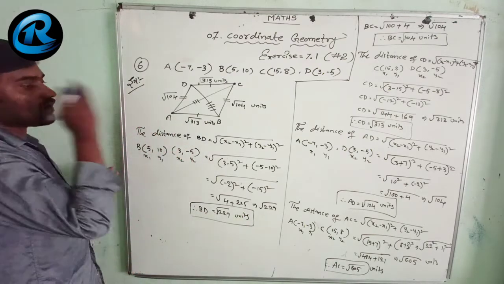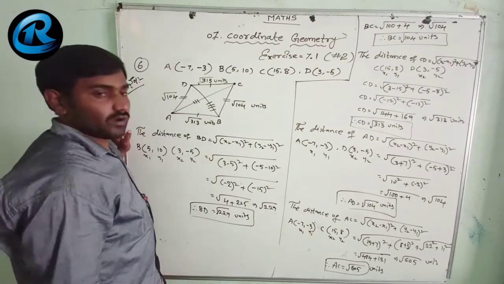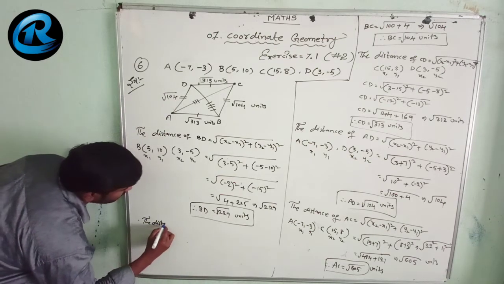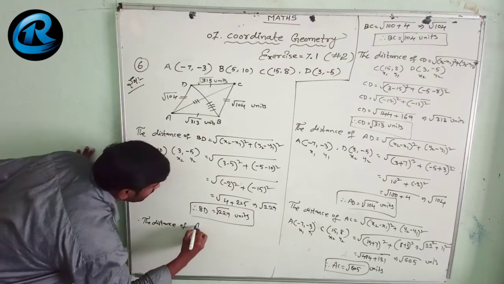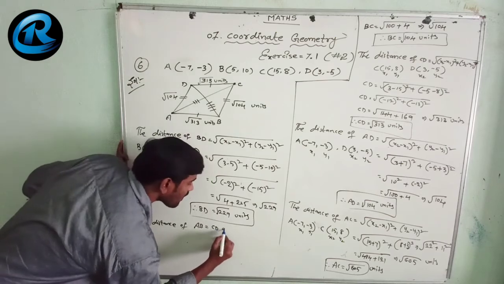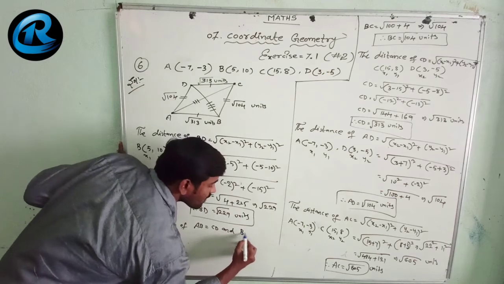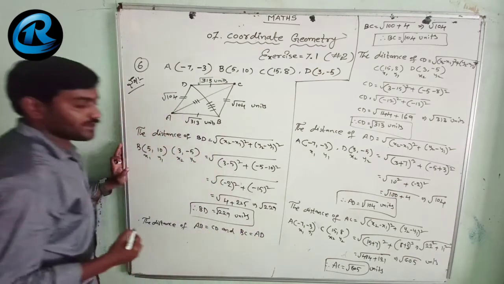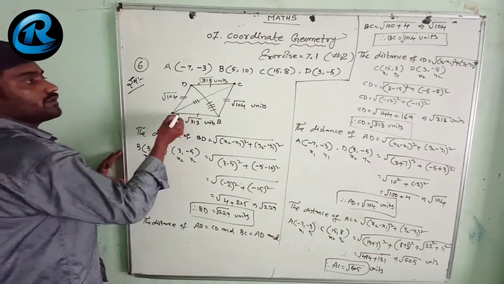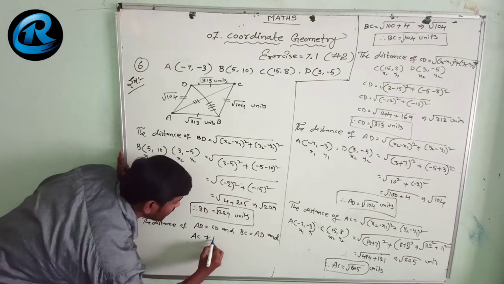So here the diagonals are also different. Opposite sides are equal and diagonals are not equal. Here we can write the distance of AB is equal to CD and BC is equal to AD, where AC is not equal to BD.